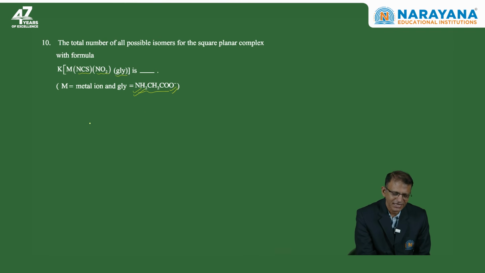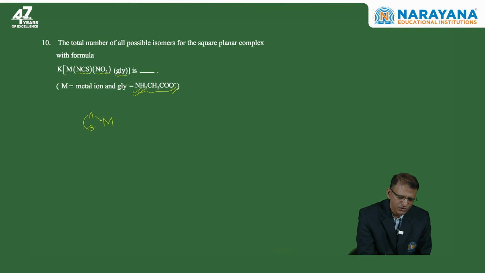So if I try to draw the square planar structure, I can say that the bidentate ligand is always present at cis position. Since the donor atoms are different, I can write A and B. And here there are many possibilities of linkage isomerism because these two are ambidentate ligands. So we first try to write this structure.